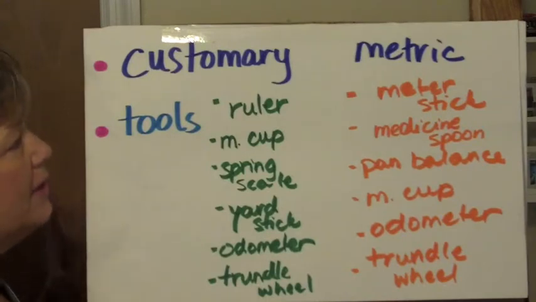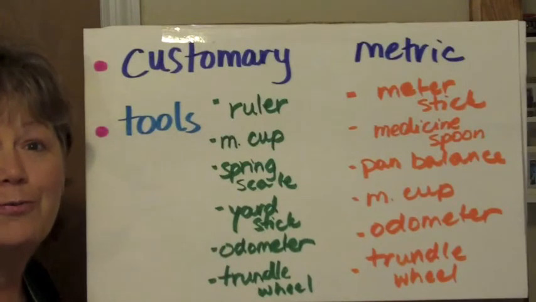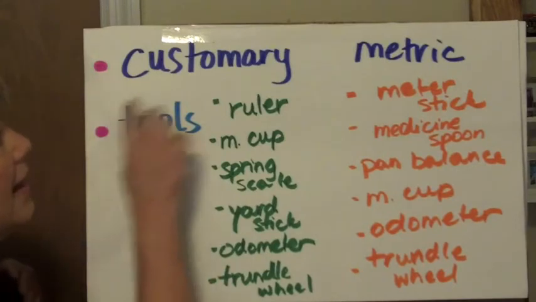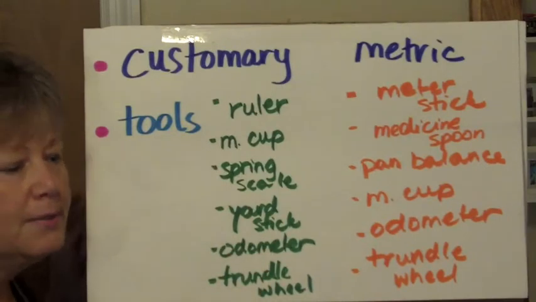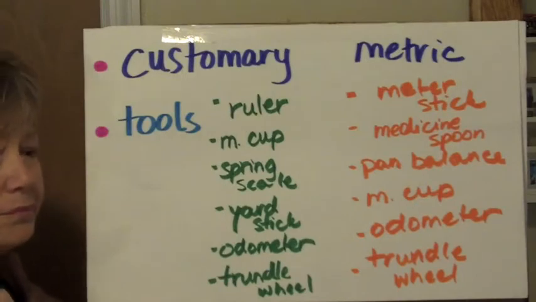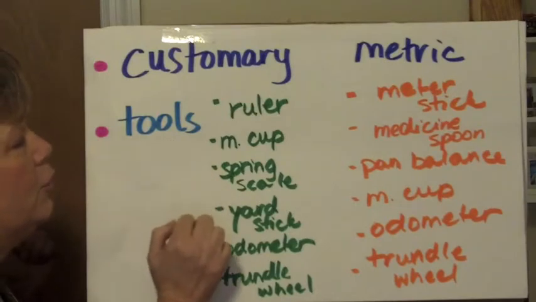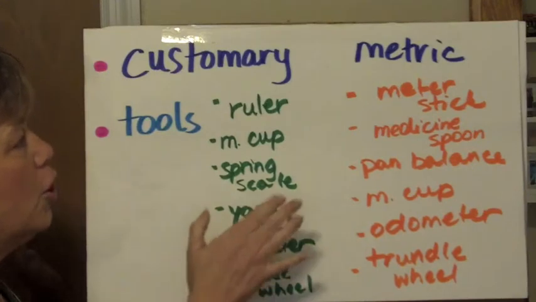So just as kind of an introduction, in this first video, I want to remind you, or either teach you, depending on where you've been with this, a little bit about this. Customary measurement, or sometimes I refer to it as standard measurement, is what you may be most accustomed to in terms of how you measure, in the tools that we use as far as standard things are concerned.